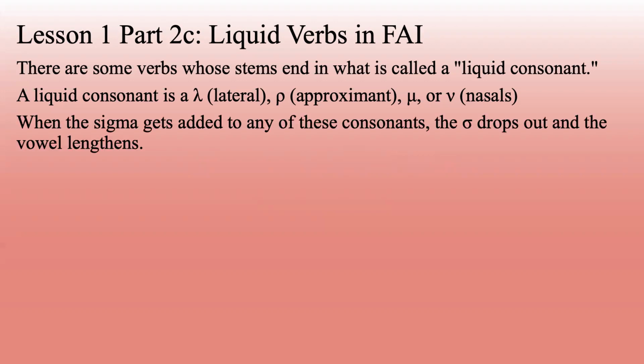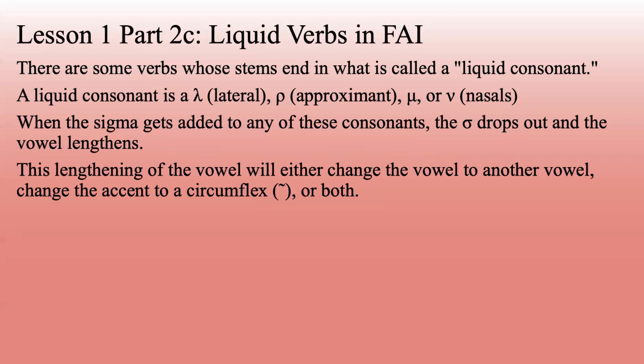When the sigma gets added to any of these consonants, the sigma drops out and the following vowel lengthens. This lengthening of the vowel will either change the vowel to another vowel, change the accent to a circumflex, or both. So we'll either get a different vowel, we'll get a circumflex, or we'll get both another vowel and a circumflex.